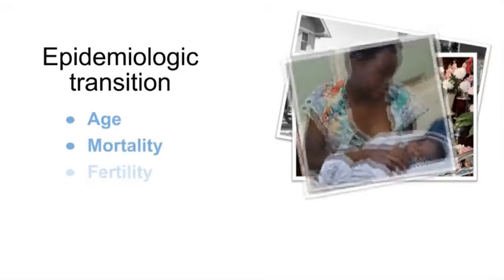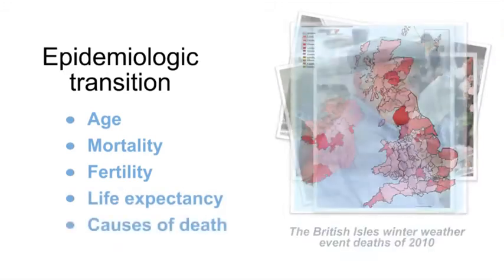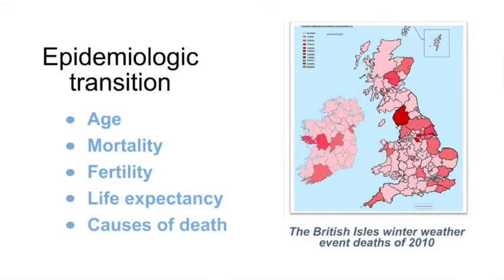An epidemiologic transition describes changing patterns of population age distributions, mortality, fertility, life expectancy, and causes of death. The human population has gone through 4 major disease transitions since the agricultural period began.